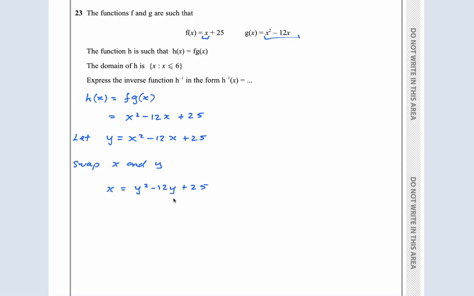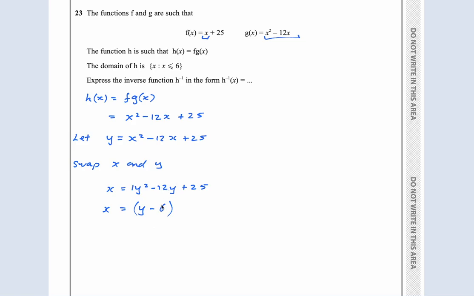Okay, so the way we get the inverse of a quadratic, guys, is we have to complete the square. Now, that's one of the trickier skills in IGCSE, but let me do it here now. I can do it quite nicely on my calculator, guys, but let me show you how to do it without the calculator, because this one's quite easy. I can just go y minus 6. I half this. This only works when there's no number here, or when that is a 1.